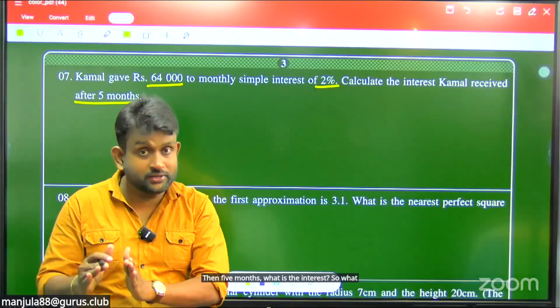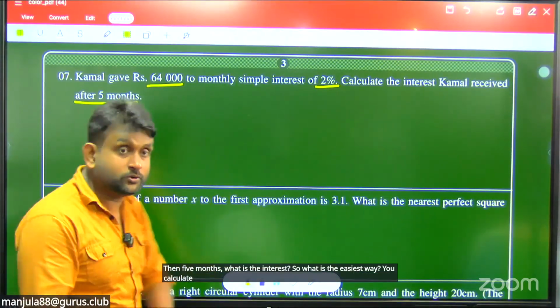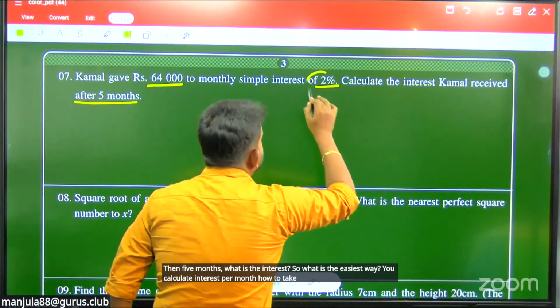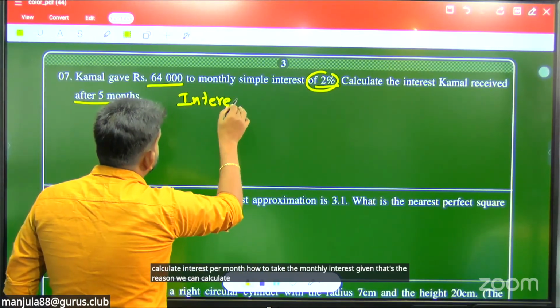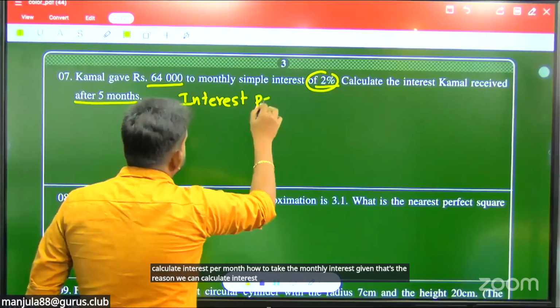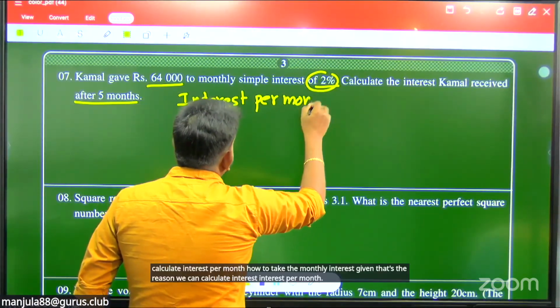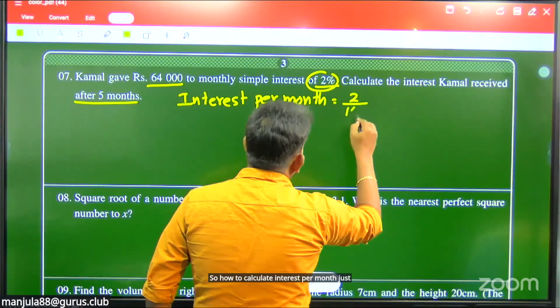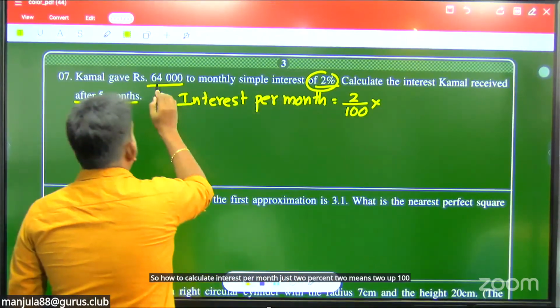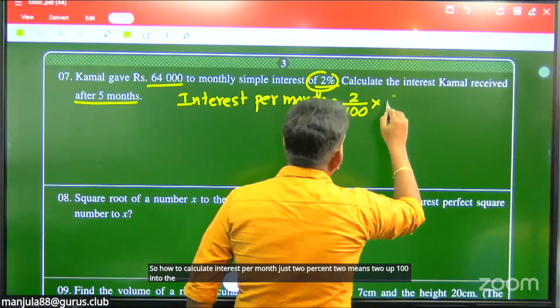You calculate the interest per month. The monthly interest is given, that's the reason. So how to calculate interest per month? Just 2%. 2 means 2 upon 100 into the loan 64,000.